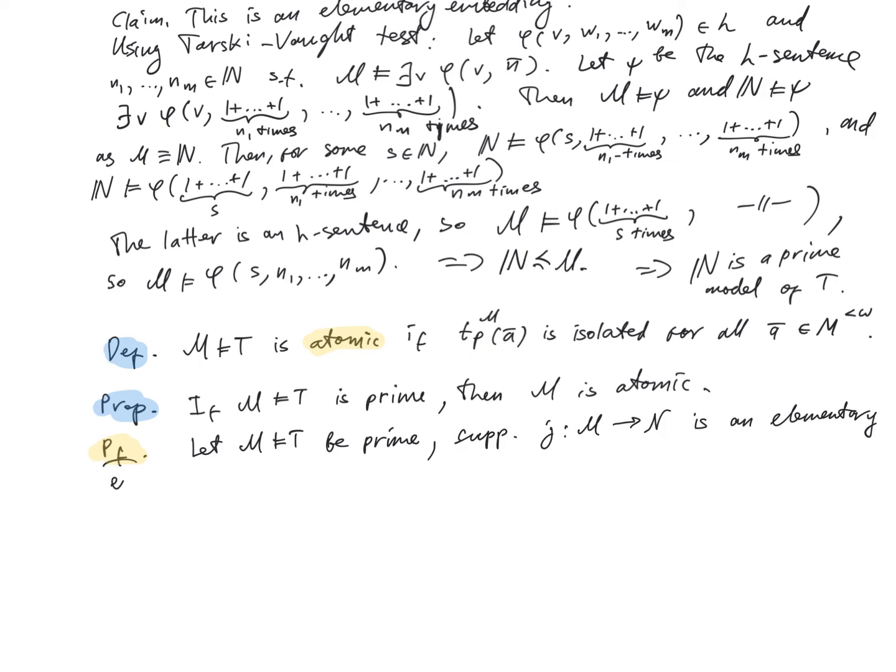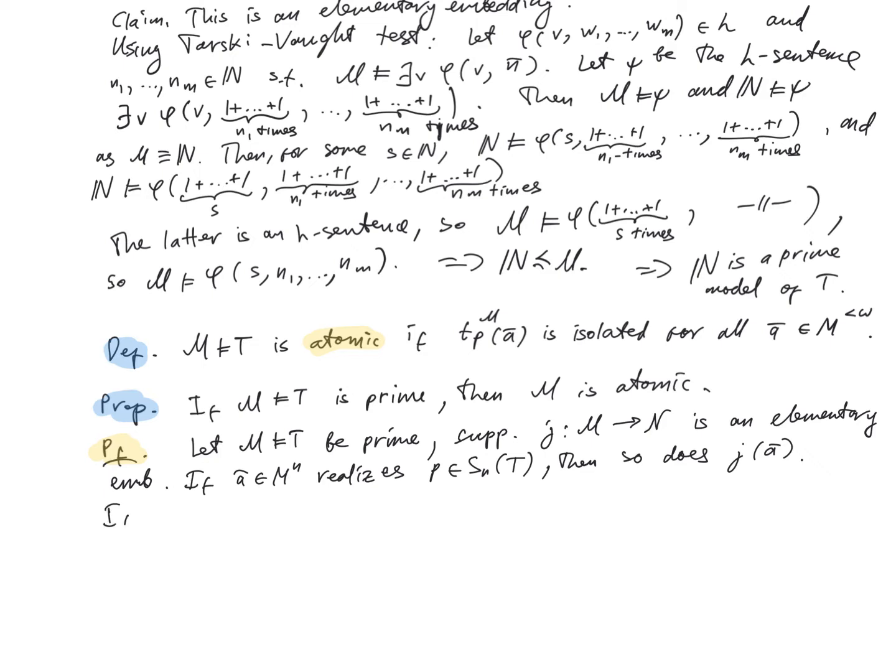Then if a-bar is a tuple of length n from M, and it realizes p, an n-type in T, then so does the image j of a-bar, because the map j is elementary.